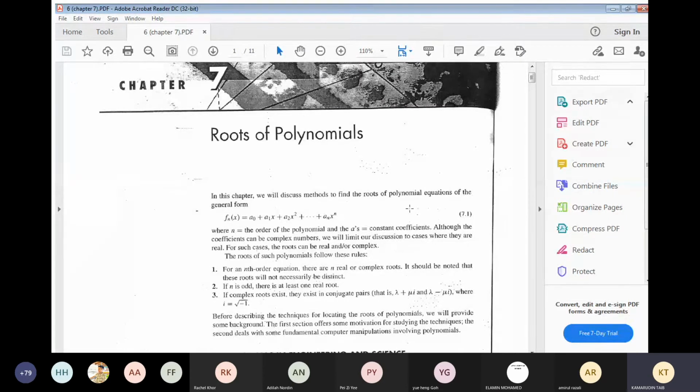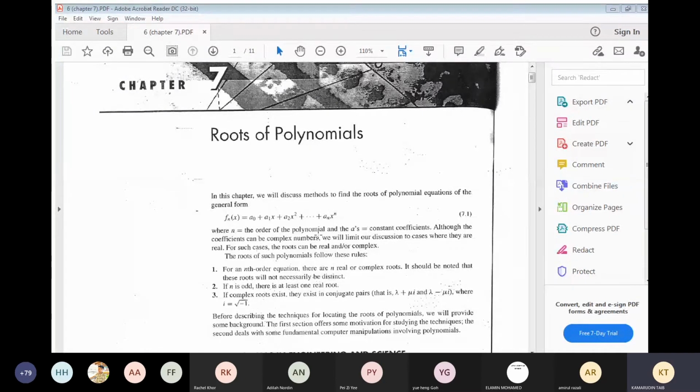The a is called the constant coefficient. Although the coefficient can be a complex number, as far as the material in this course is concerned, only real numbers for the coefficient will be used.